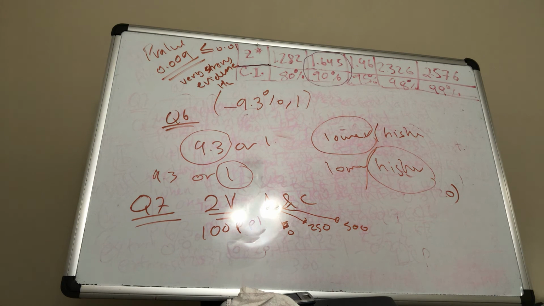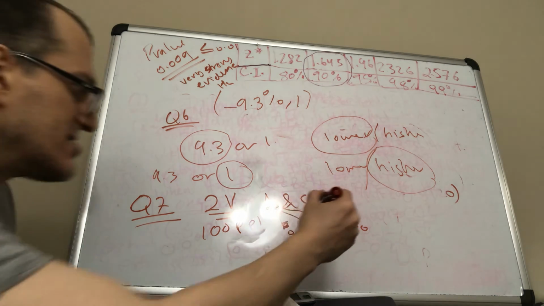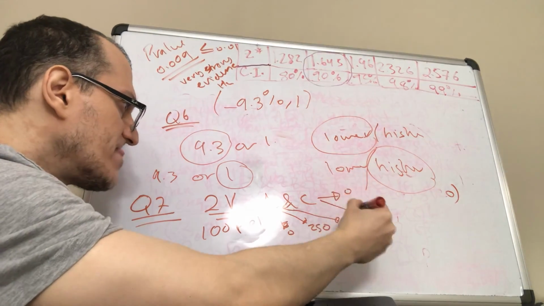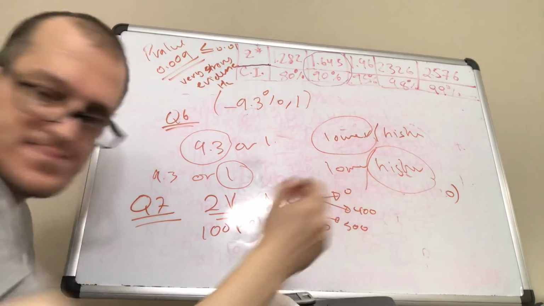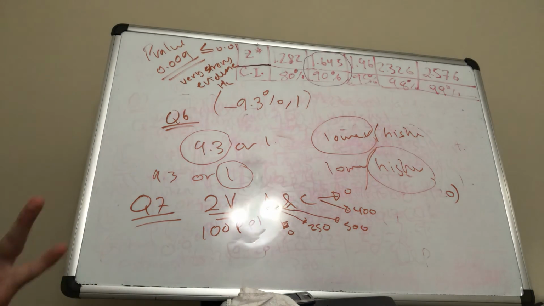For each dosage group, subjects are randomly selected to get 0 vitamin C or 400 vitamin C. So vitamin C has 0 and 400. So the first one has 3 different dosages, this one has 2.